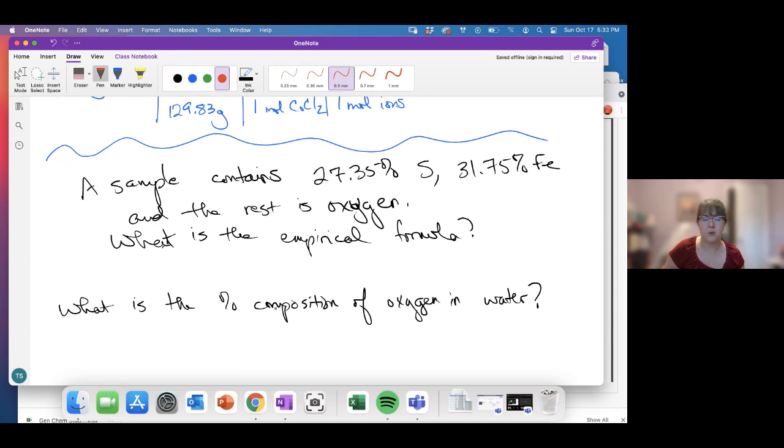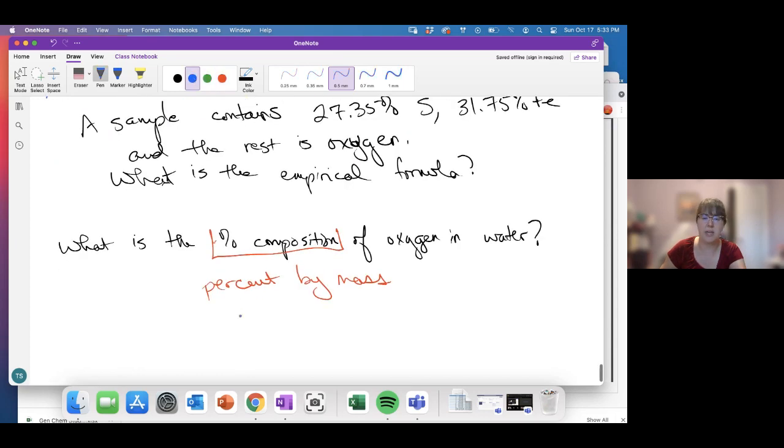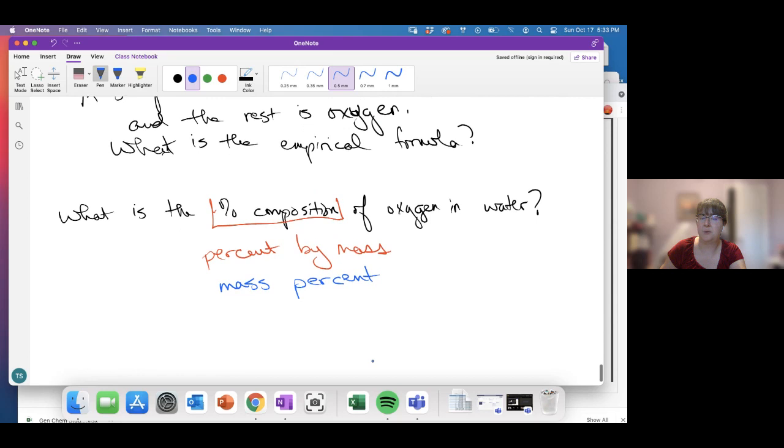For this kind of question, we could say percent composition. We could also say percent by mass. We could also say the mass percent. I think those are the only options. So again, trying to think through different ways questions can be asked, different ways questions can be formed.